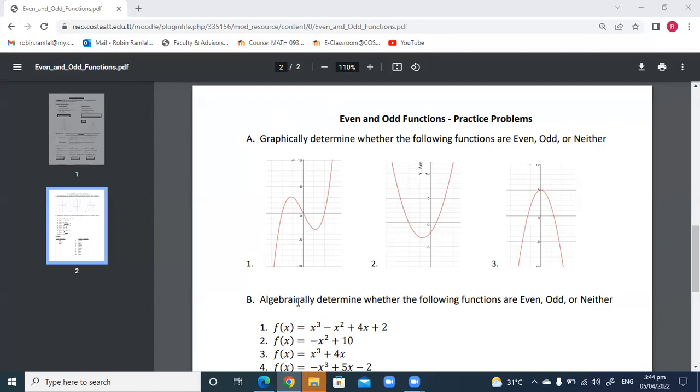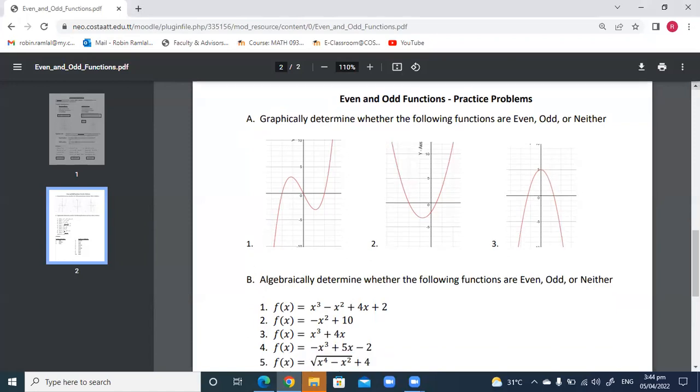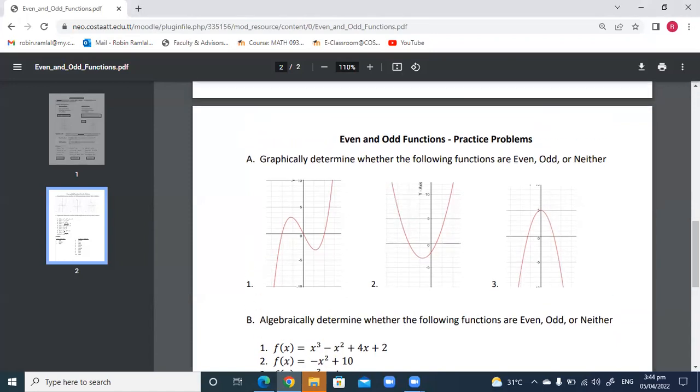And I just taught you how to do it algebraically, right? Even, odd, or neither. So you're doing 1, 2, 3 in A, and in B, you're doing 1, 2, 3 as well. Right? Do that now and we'll correct it. A 1, 2, 3, B 1, 2, 3.